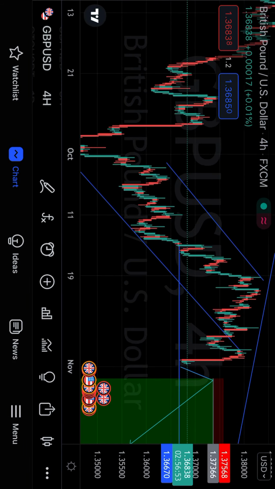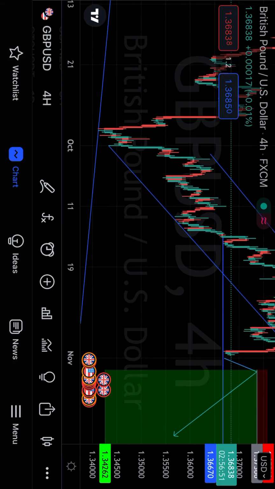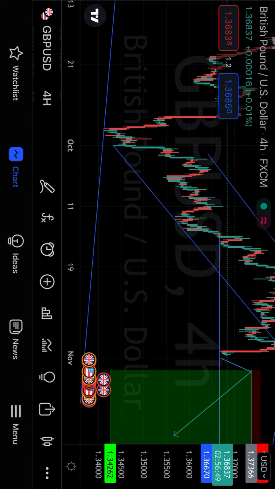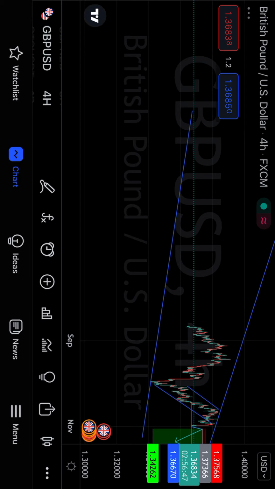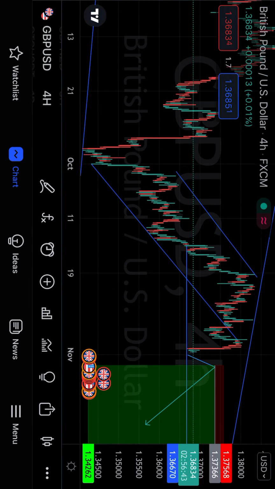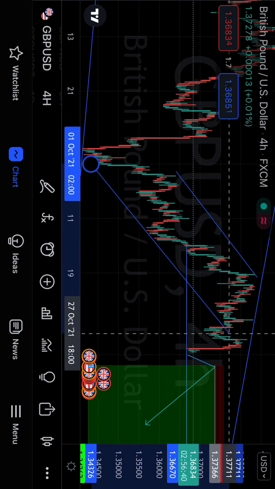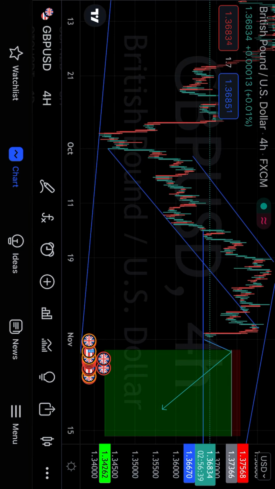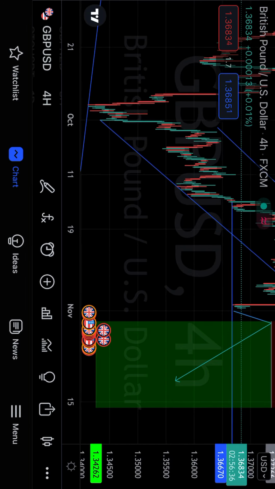So on the H4, what do we see? We see that price had an upward trend in this downward trending market. So this upward trend, price broke this lower ascending trend line, we tested and then moving lower.